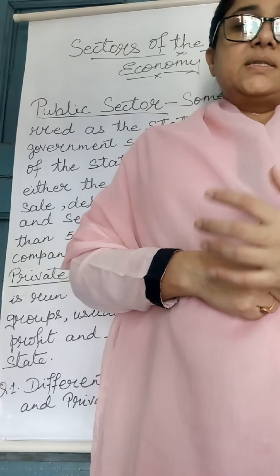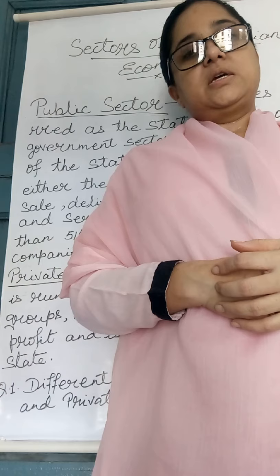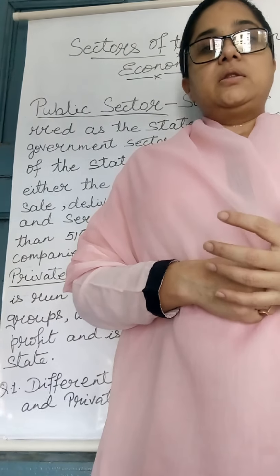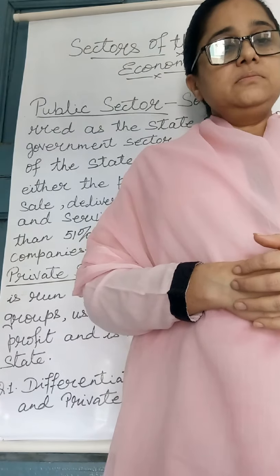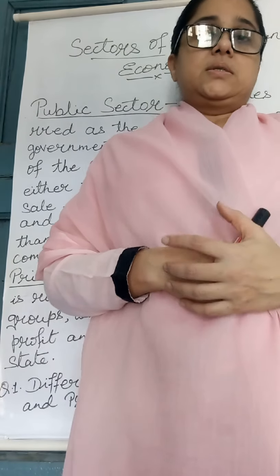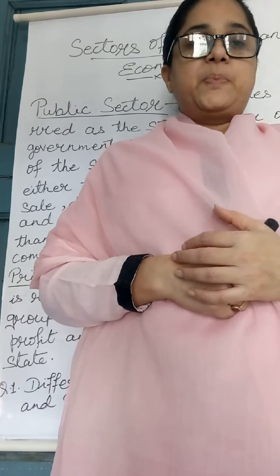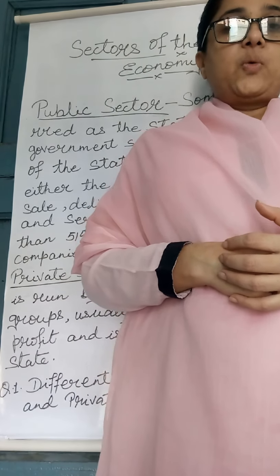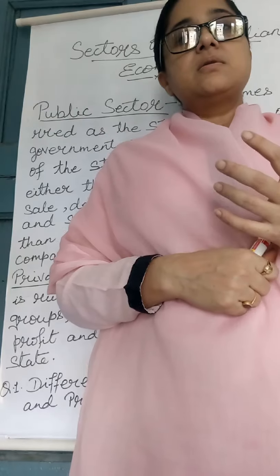Now, let us see why India has given importance to the public sector in the economy. Or why does the government spend so much money on the services provided by the public sector?